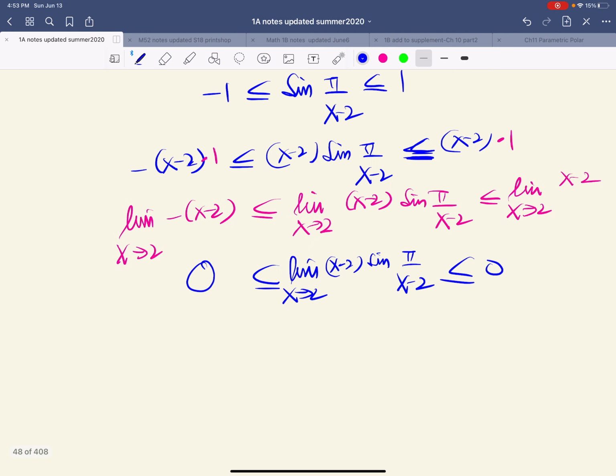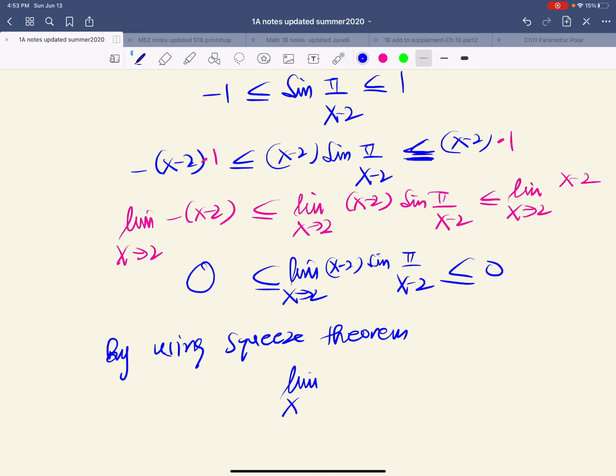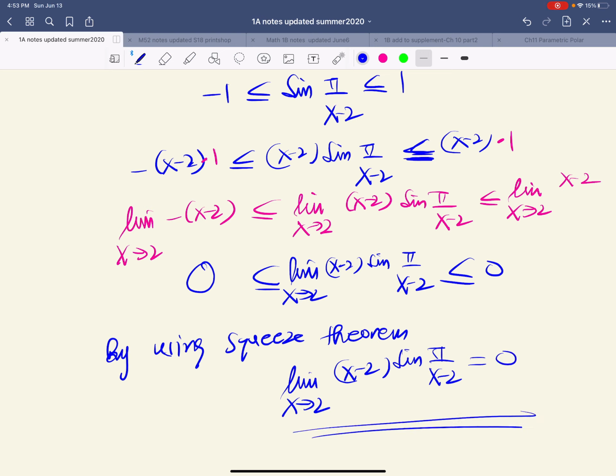So by using the squeeze theorem, we can say the limit as x approaches 2 of x minus 2 times sine pi over x minus 2 is equal to 0. That's all for the squeeze limit.